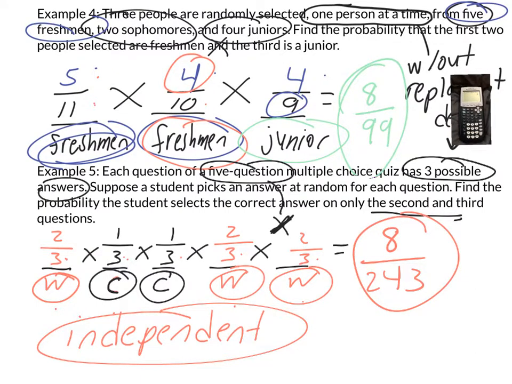If the calculator did not cooperate, meaning it just gave you a decimal, no fraction, even after you hit the math frac button, you would just have to multiply the tops together. So 2 times 1 times 1 times 2 times 2, which gives us the 8 on top, and then the bottoms together. 3 times 3 times 3 times 3 times 3 is 243. If it reduces any further, you would want to do so. This one does not reduce any further.